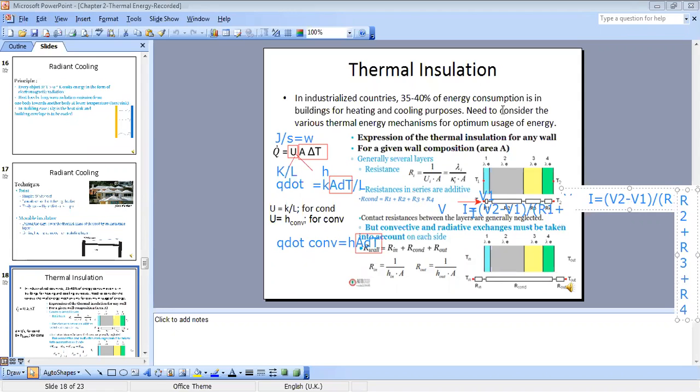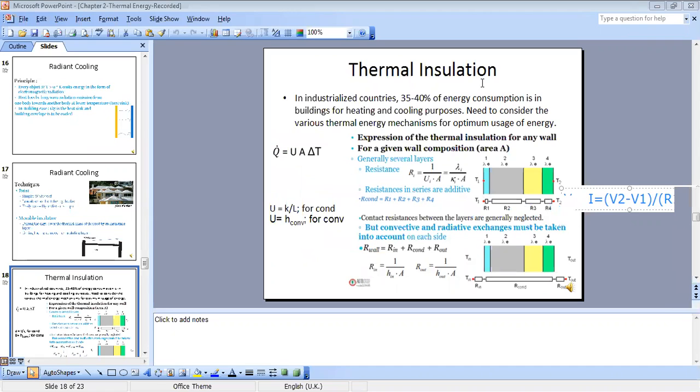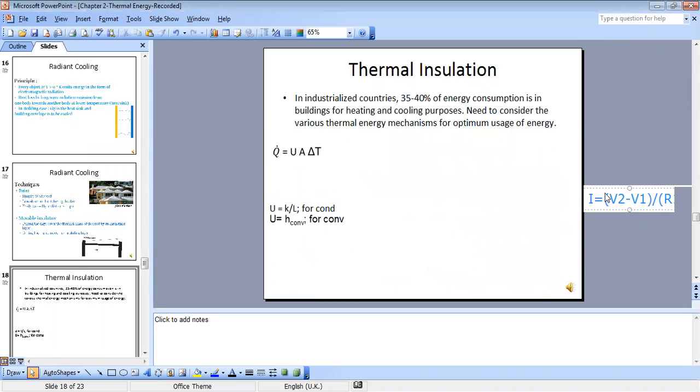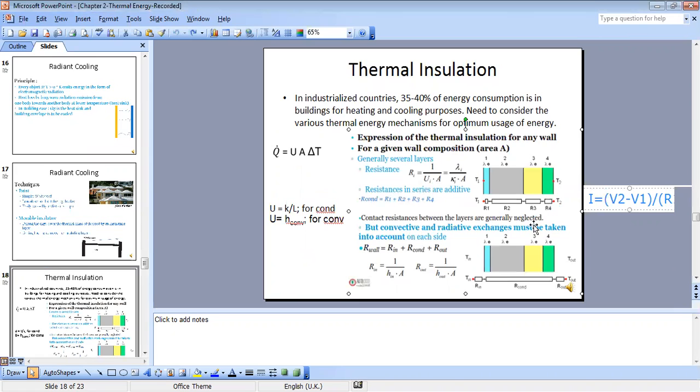Now, by analogy, I will clear everything so it becomes clearer.